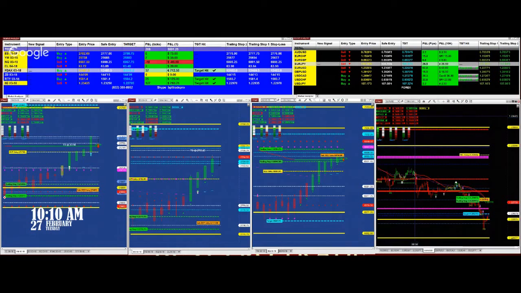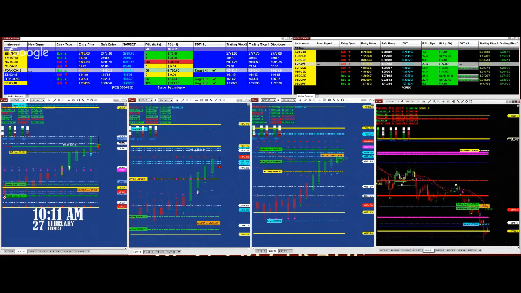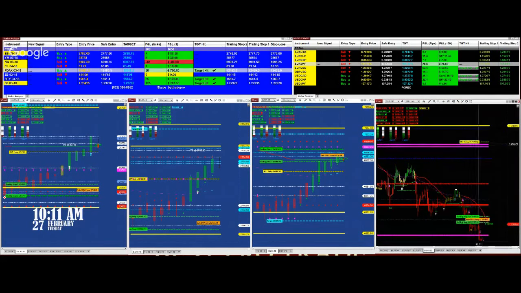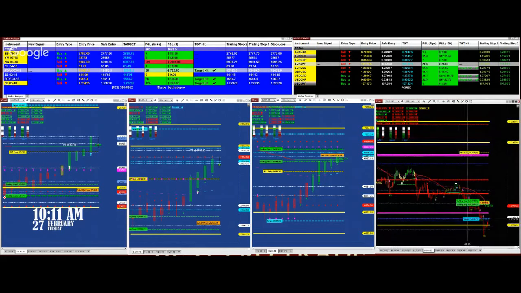You will find out that, as an example, on the euro dollar today, we had a sell entry at 26.6, and then we hit the target today all the way down to the 236.